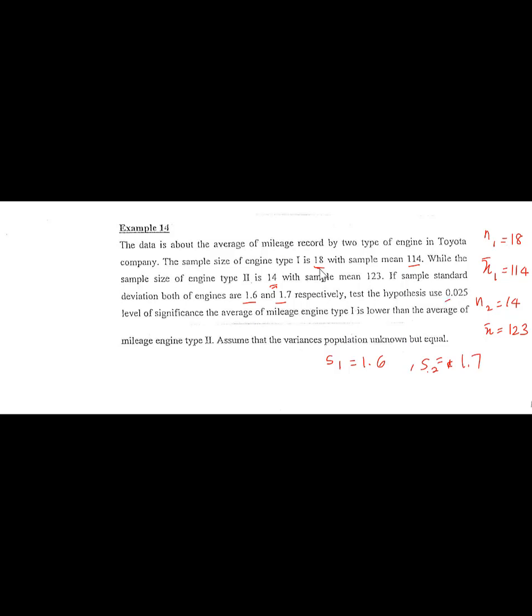Test the hypothesis at the 0.025 level of significance, that means your alpha is 0.025. The average mileage of engine type 1 is lower than type 2, so your mu1 is less than your mu2. So this is our claim.